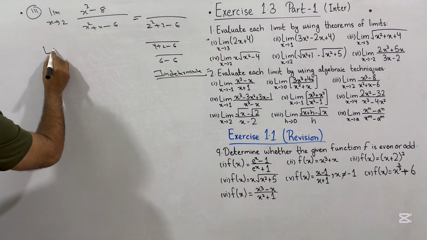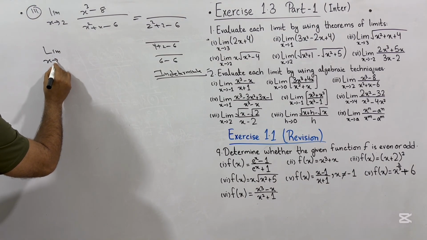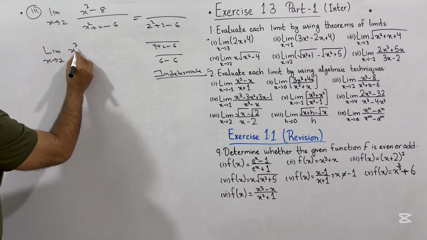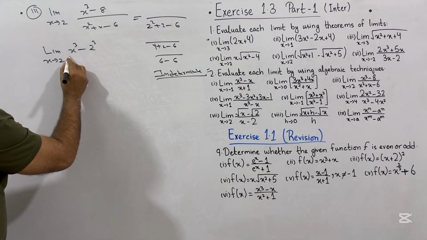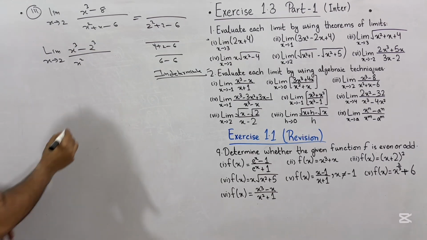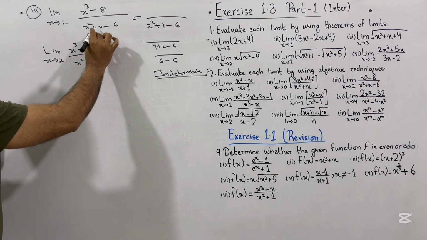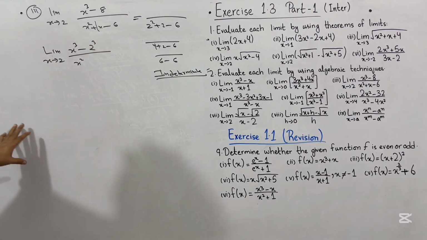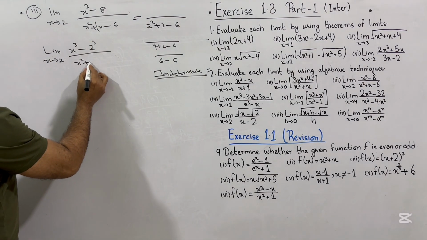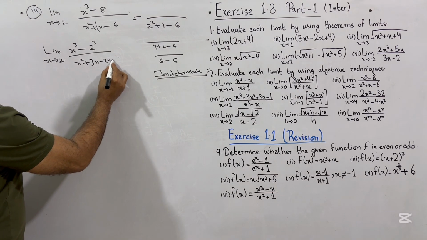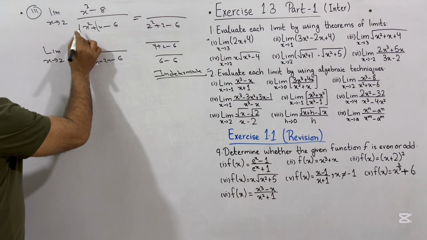Apply this situation. x tends to 2, x cube, 8 can be written as 2 cubed, over x square plus x minus 6. If we subtract 2 from 3, middle term breakup is also possible, or trinomial type. 3x minus 2x minus 6. Look at this. I have taken 1 and 6.